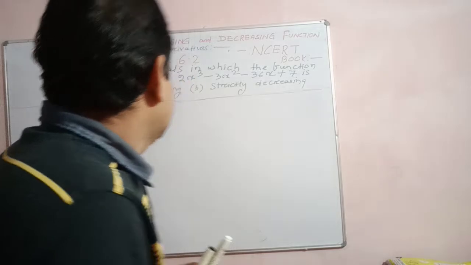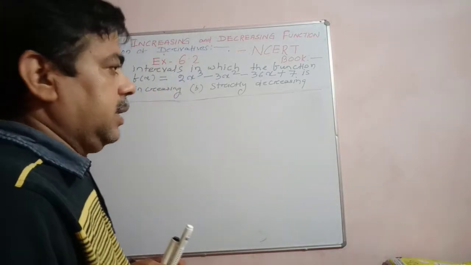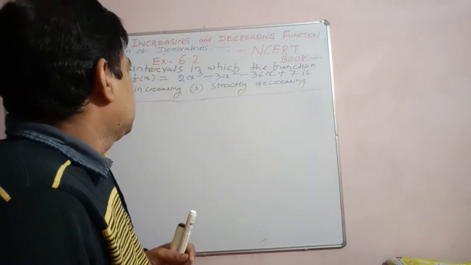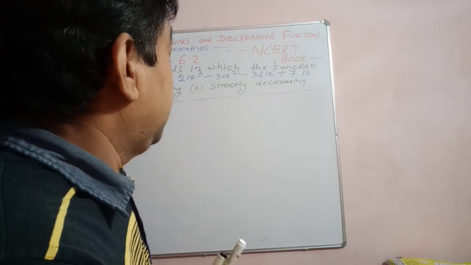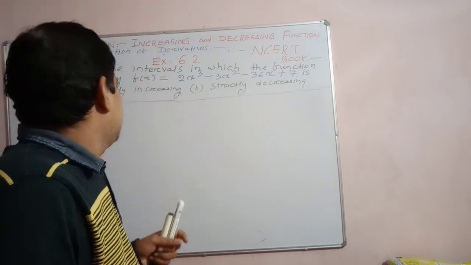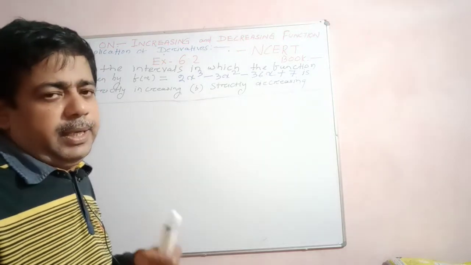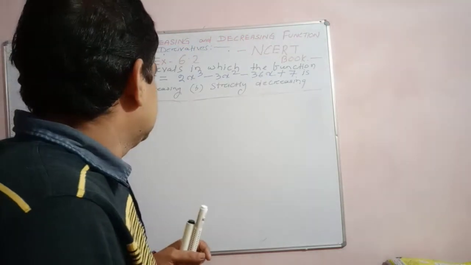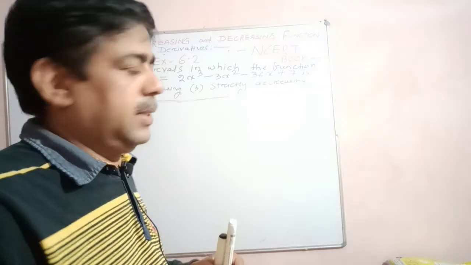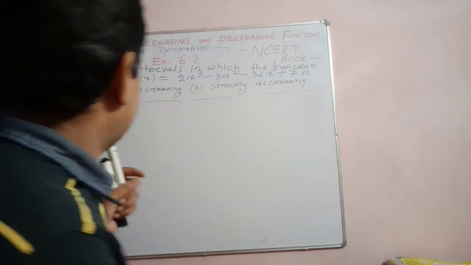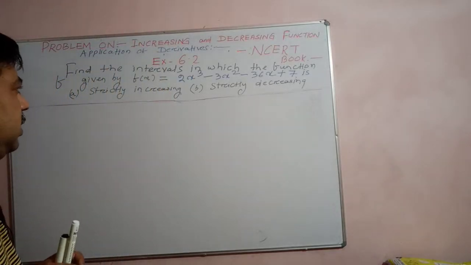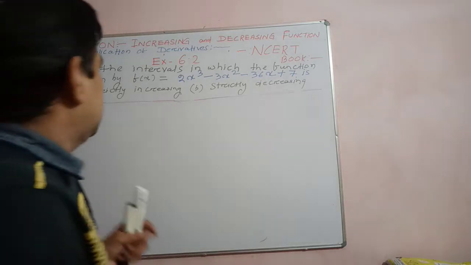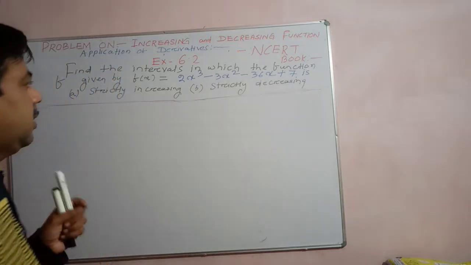Find the intervals in which the function f given by f(x) = 2x cube minus 3x square minus 36x plus 7 is (a) strictly increasing, (b) strictly decreasing. Understand?